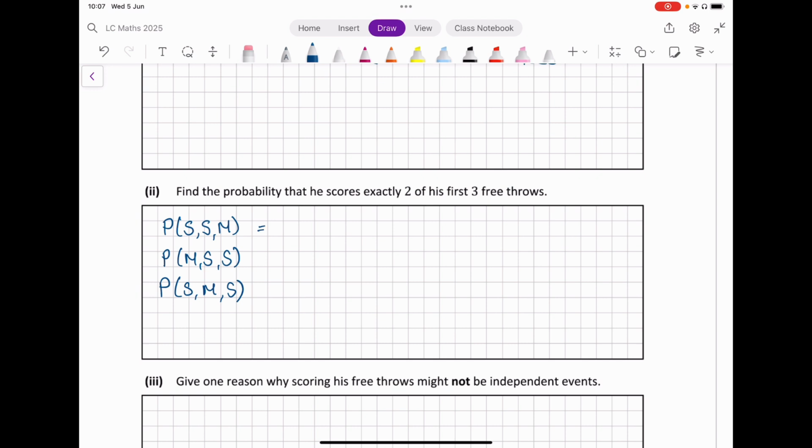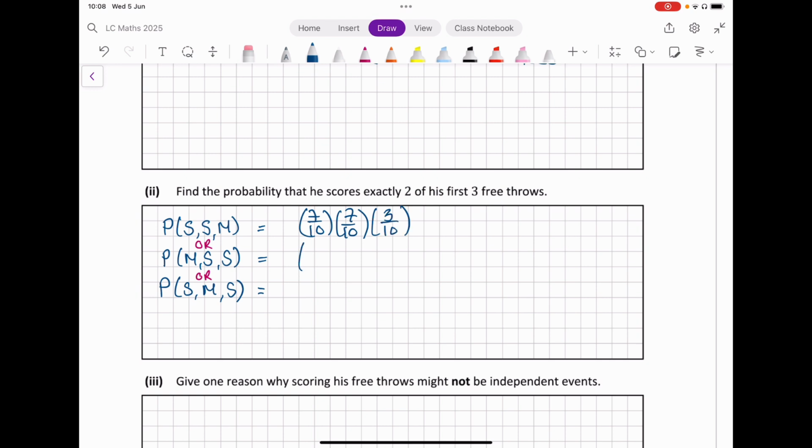Okay, so we're going to find out the probabilities of each of these, and remember that in between them, he could do this, or that, or the other. So on the top, we have 7 over 10 by 7 over 10 by 3 over 10.